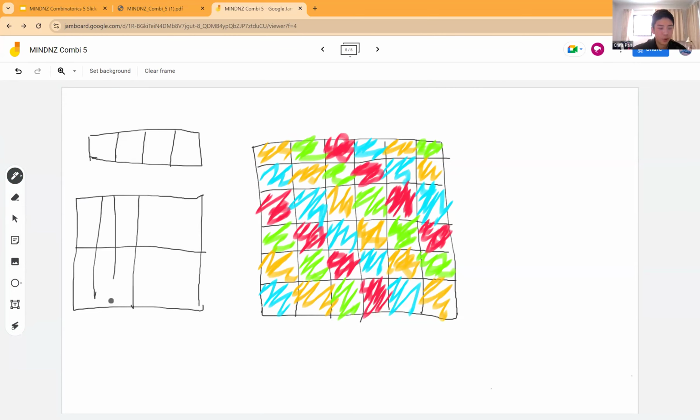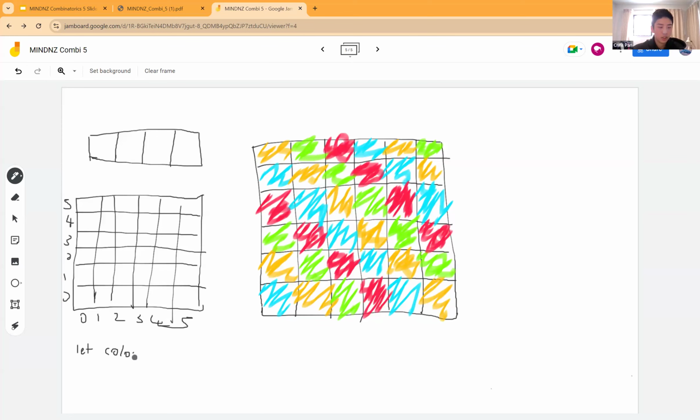Then if you name your columns 0, 1, 2, 3, 4, 5, and you name your rows 0, 1, 2, 3, 4, 5, then let the color in cell (i, j) be i plus j mod 4.